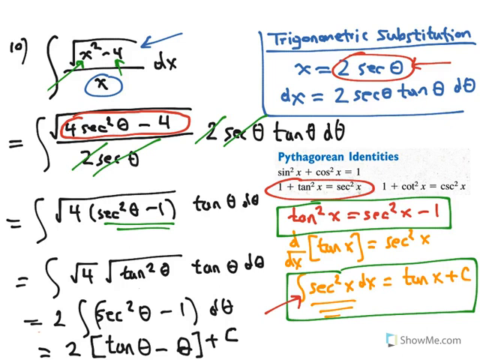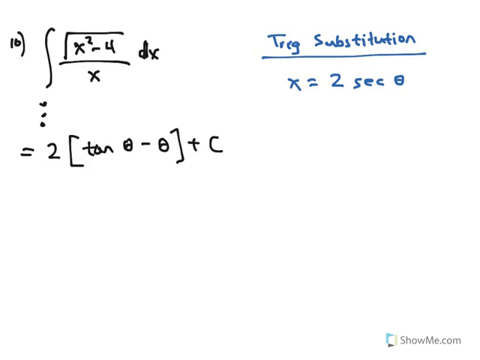So we have found an antiderivative, but it is in terms of theta. Our original variable of integration is x. So now we must go back to x by referring back to our trigonometric substitution. x is equal to 2 times secant theta.